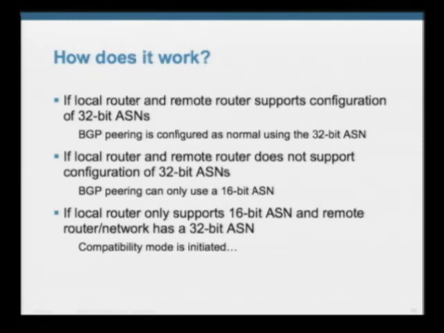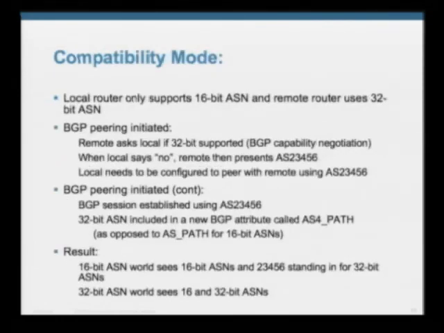If the local router supports 16-bit and the remote router or network has a 32-bit ASN, then we have what's called compatibility mode. And it works like this, sort of. So we set up BGP peering. The remote asks the local if 32-bit is supported, so that's the BGP capability negotiation I talked about. The local will say, no, go away, don't know what you're talking about.